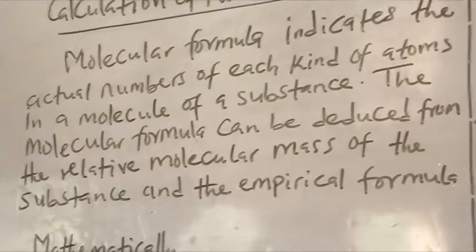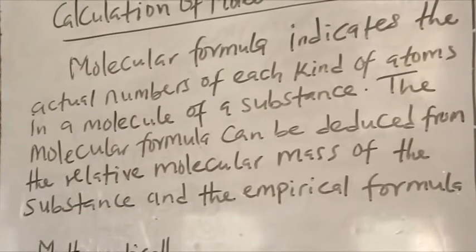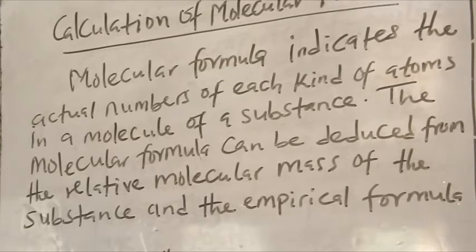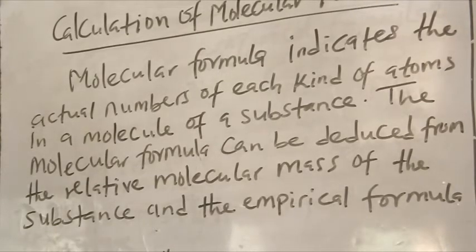Remember, in our previous video, we dealt with empirical formula, and we said it is the simplest formula of a compound. If you have not watched, please go back and watch our video on empirical formula.